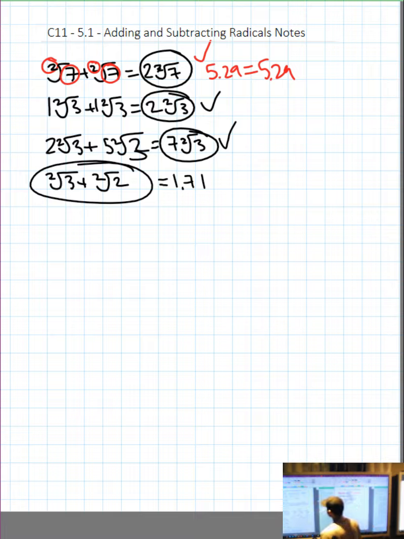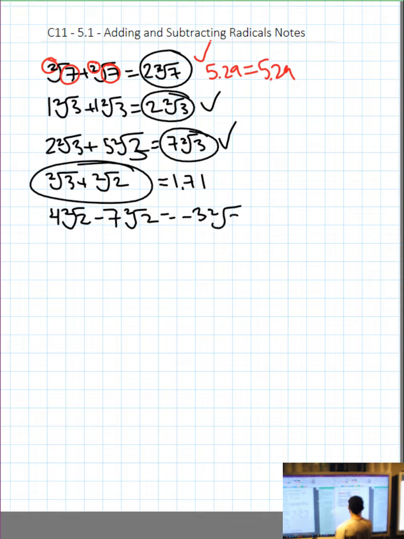Furthermore, down the page, 4 root 2 minus 7 root 2 is equal to, well, 4 minus 7 is negative 3 root 2. Circle your answer. Check your answer on the calculator.